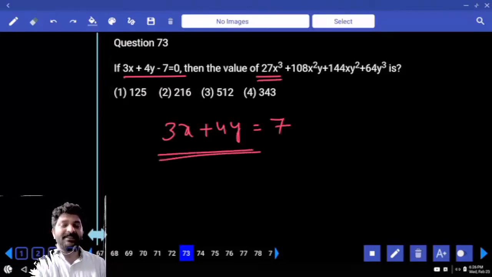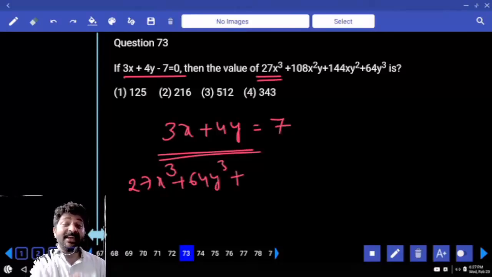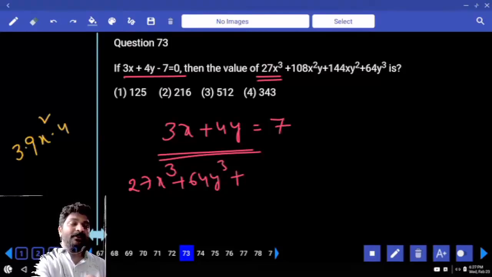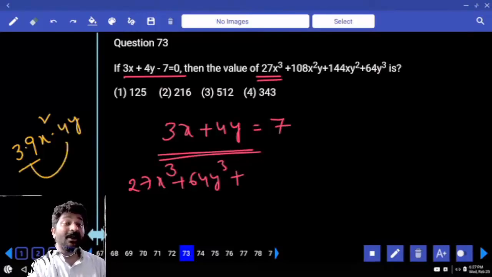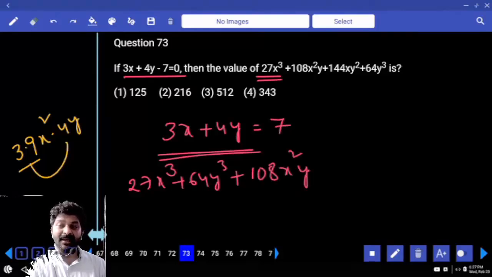When you take the cube, it is 27x cube, a cube plus b cube, plus 3a square b, 3 into 9x square into 4y, correct? 9 3s 27, 27 4s 108, 108 x square y.